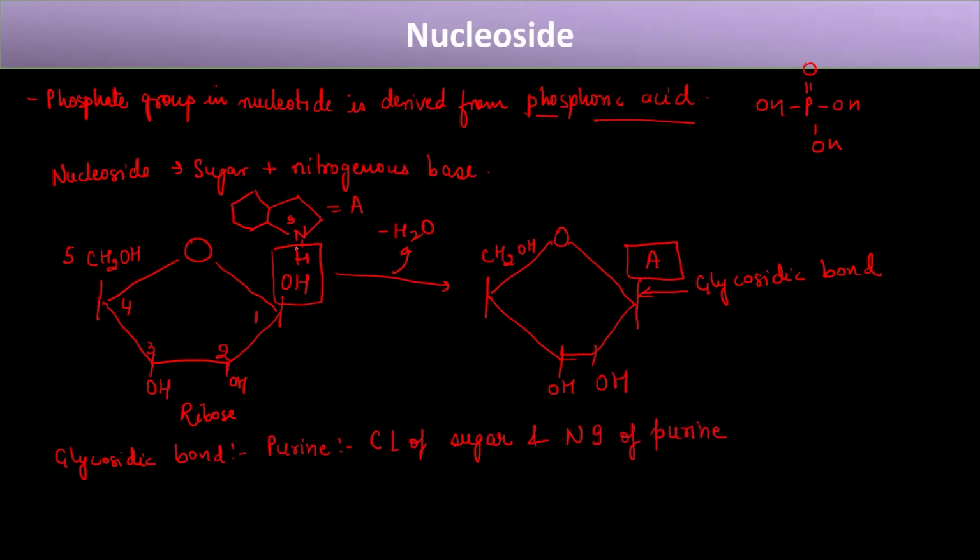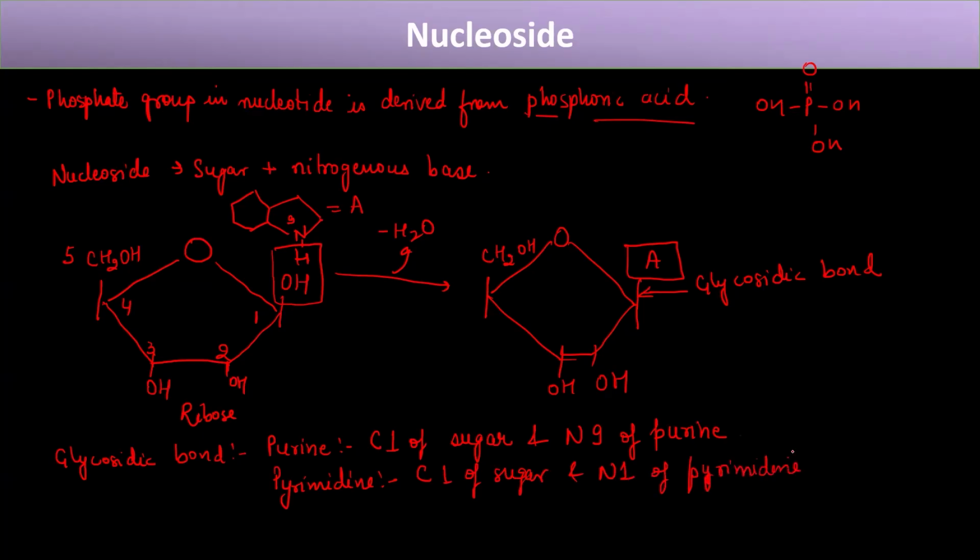So even if it has guanine, the bond will be formed between carbon 1 of the sugar and nitrogen 9 of the purine. In the case of pyrimidine, this will change. The bond is formed between carbon 1 of sugar and nitrogen 1 of pyrimidine.